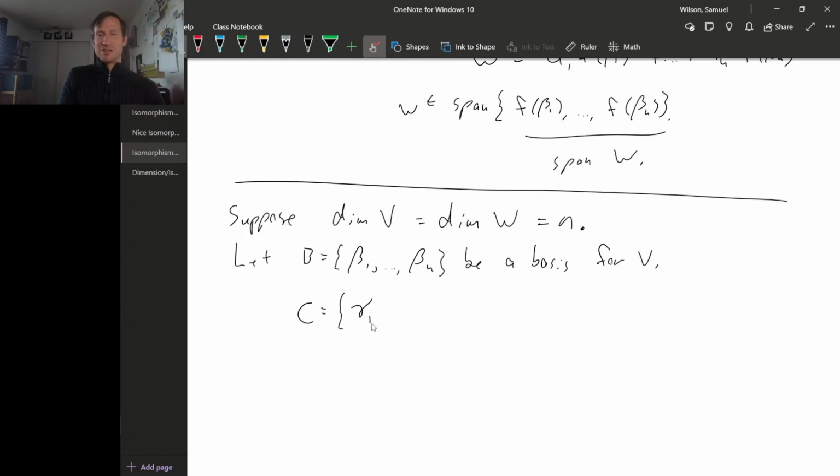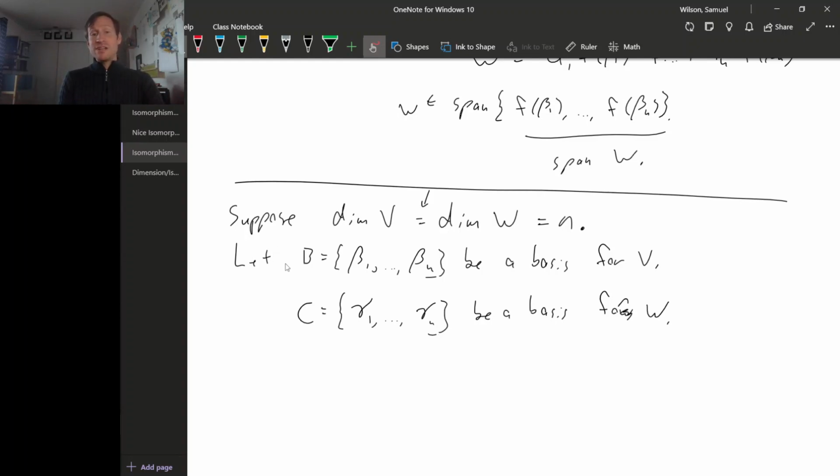And sticking with Greek letters, let's call it gamma 1 through gamma n. Let's let this be a basis for W. And notice that this is where we're using the assumption that these have the same dimension, because we're explicitly writing down the fact that these bases have the same number of vectors in them, because that's what we mean when we say the dimension is n.